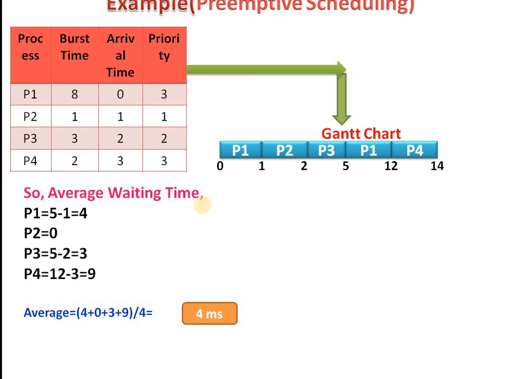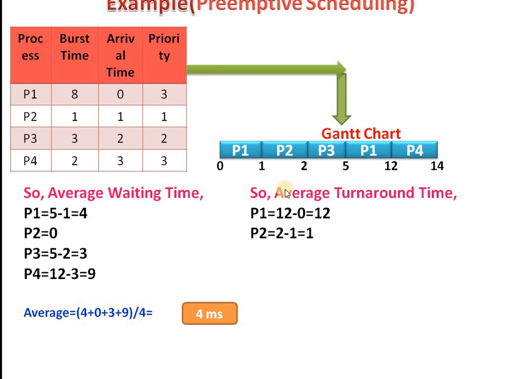Now let's calculate the turnaround time for each process. P1, its turnaround time is 12 minus 0, its arrival time, equal to 12 milliseconds. P2, its total turnaround time is 2 minus its arrival time 1, is 1 millisecond.